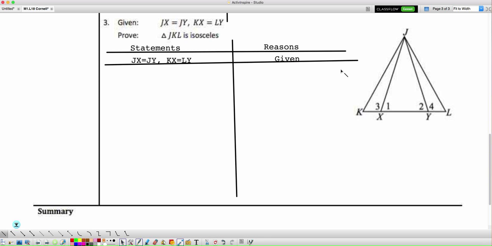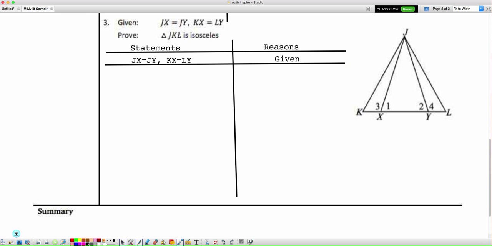So again, let's start by labeling what we know to be true. So Jx is this piece, and then it's congruent to Jy. I know Kx is this small piece, and that's equal to Ly. And I'm trying to prove that JKL, this big one, is isosceles.